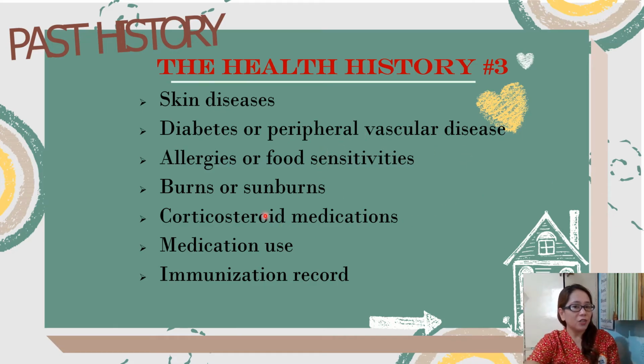Do you have allergies to medication or food sensitivities or allergies to a particular product? Do you experience burns or sunburn? Is it first degree burn, second degree burn? Do you use corticosteroid medication for more than 2 weeks? What medication did you use to relieve the symptoms? What type of immunization did you have in the past? Ayan.